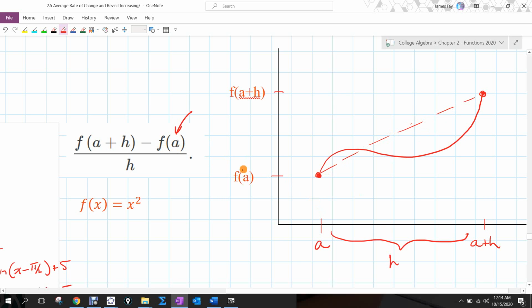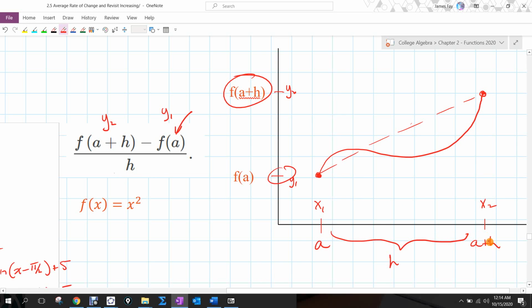Well, think about what we're doing here. What's f of a plus h? It's a y value. What's f of a? It's another y value. And if I think about h here, that was this distance. Well, isn't that an x2 minus an x1?